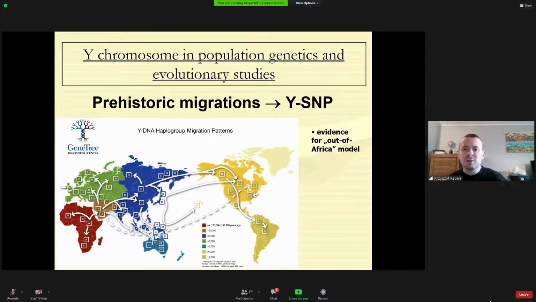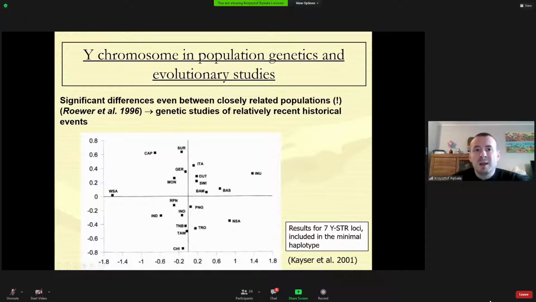Okay, and also the studies of Y chromosomal haplogroups are used to discover the prehistoric migration patterns of modern humans, and they provide additional evidence for the out of Africa model, that all modern humans can be traced back to a genetic Adam who lived many years ago in Africa.